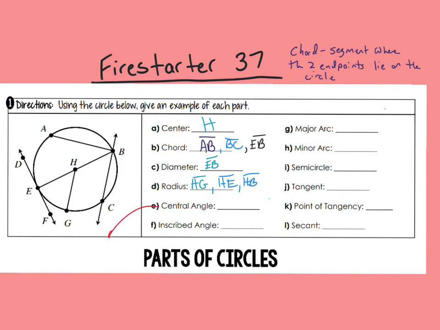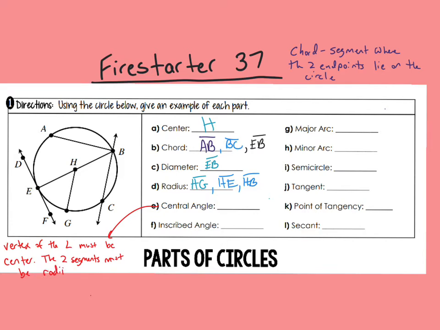So next is central angle. Just in case you didn't know, a central angle is an angle whose vertex must be the center, and the two segments must be radii. That's how you say it, just multiple radiuses.